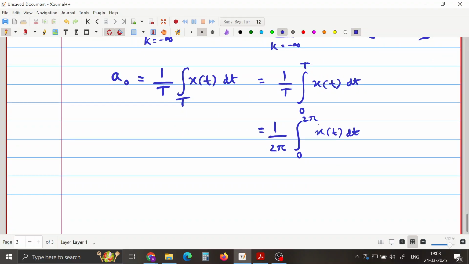Now I have to identify the forms of x of t in those sub intervals, right? So I can split this whole integral into a sum of three integrals.